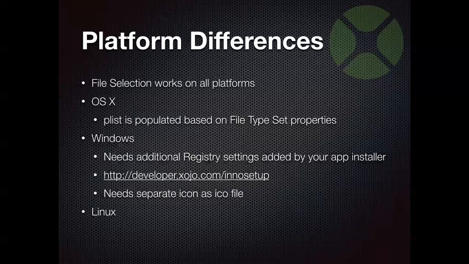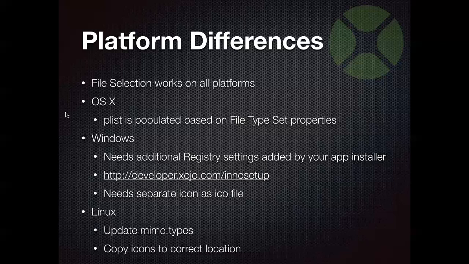And of course, Linux. Well, if you think Windows is kind of a pain in the butt, Linux, as per its usual, is a little bit more of a pain. I'll say right up front, I have yet to get the file type icons to properly display on Linux, probably because there's some setting somewhere that I'm still missing. But the general gist of it is that you need to update a MIME types file in the etc folder, and you are going to need to update or get the images to another system location where they can be referenced.